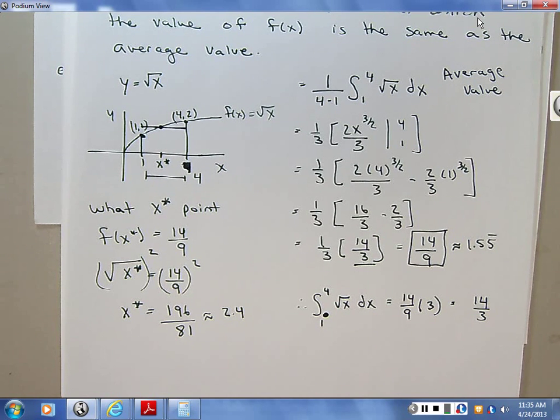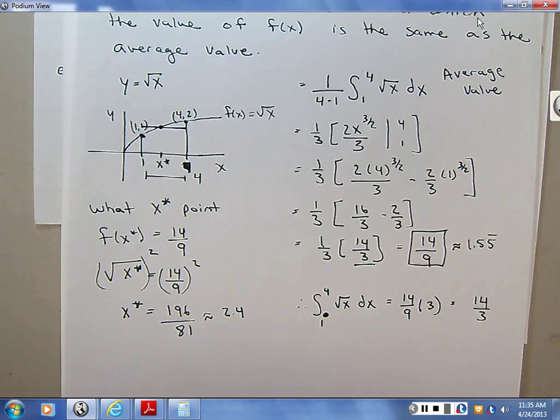And there can be multiple points in which the function reaches that average value. It turns out if it's linear, it's right in the middle on your interval.